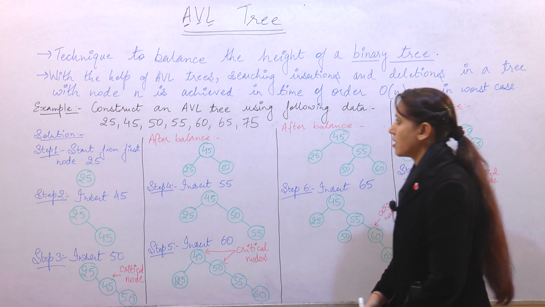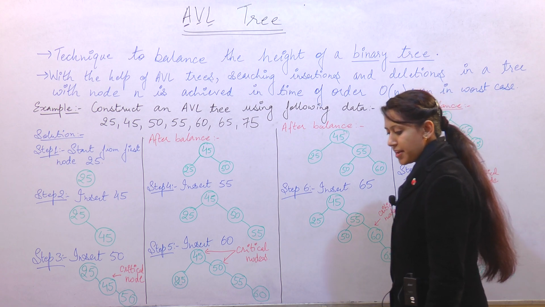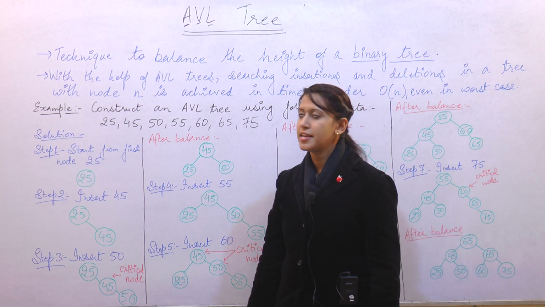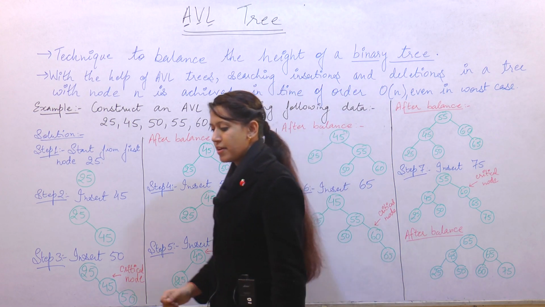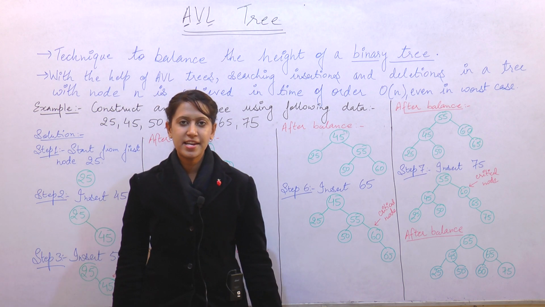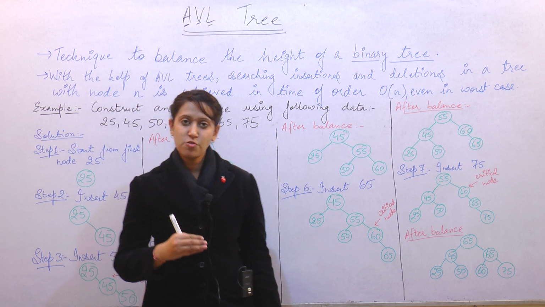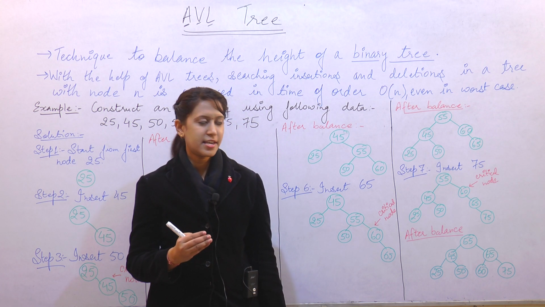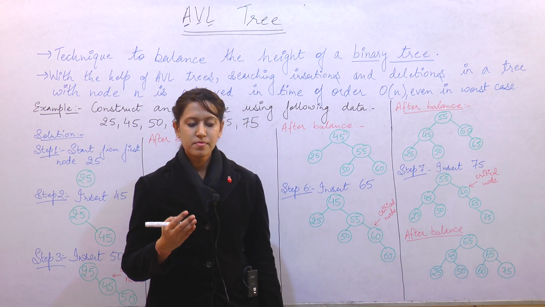Now we will discuss the technique that the AVL tree follows. The AVL tree uses a technique to balance the height of a binary tree. We have discussed binary trees in our previous lectures. A binary tree is a tree in which each node contains at most two subtrees.